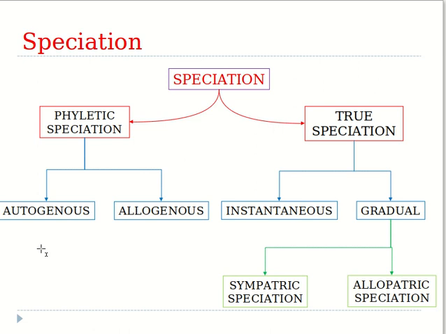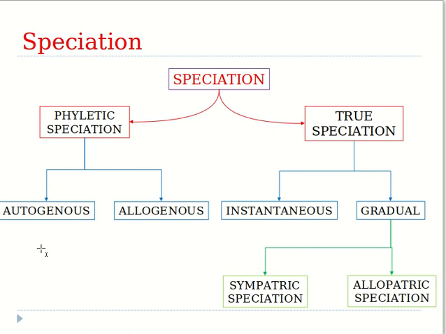So when A gives rise to B and C simultaneously, A, B and C may be coexisting together. Clear? So A as an ancestor, B and C as the descendants, they may be existing together. But in phyletic speciation, there is only a sequence of species, and when one gives rise to another, the first one completely disappears.